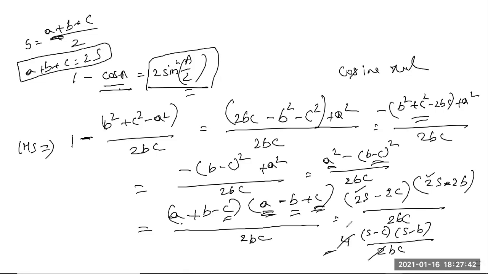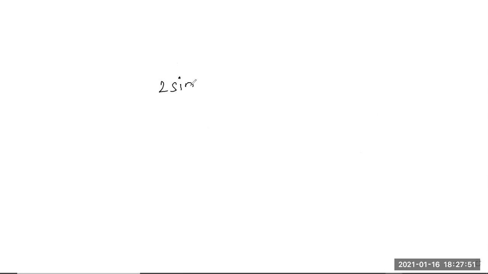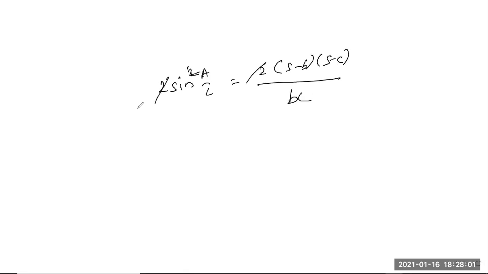So 2 and 2 get cancelled, and this is equal to 2 sine square A by 2, right? On the RHS you have 2 sine square A by 2, which is 2 into s minus b into s minus c divided by bc. So this 2 and this 2 will get cancelled. Then what is sine A by 2?